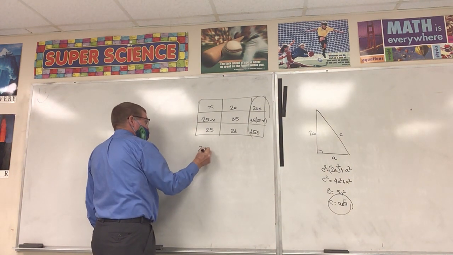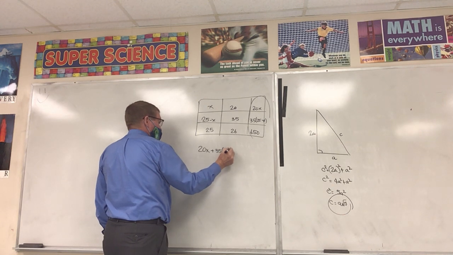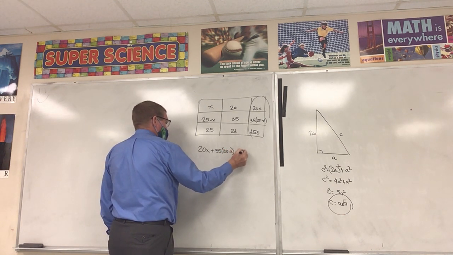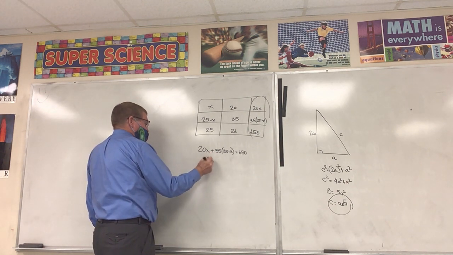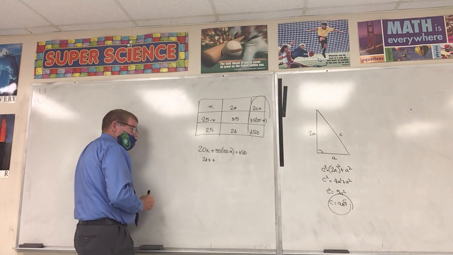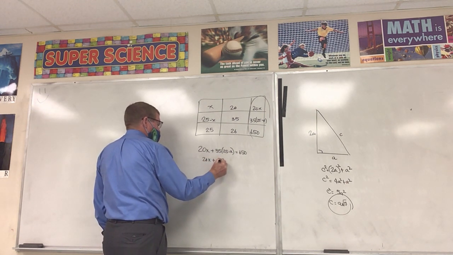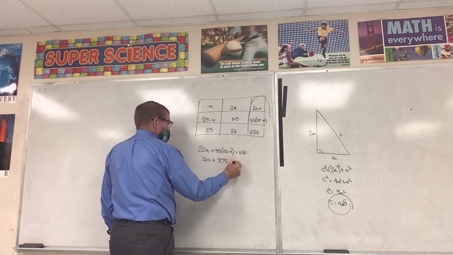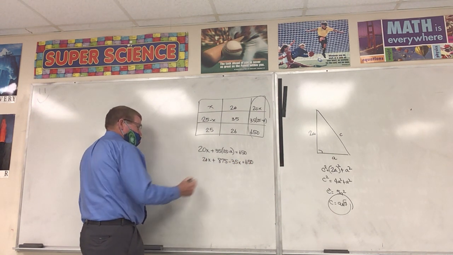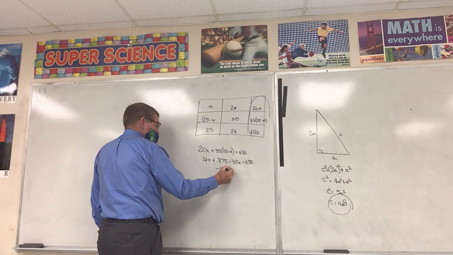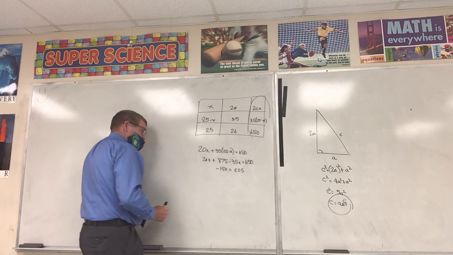Set them equal. Multiply. 35 times 25, 875. This sounds familiar. Did we do this already? It was the one you showed us as an example. Okay.